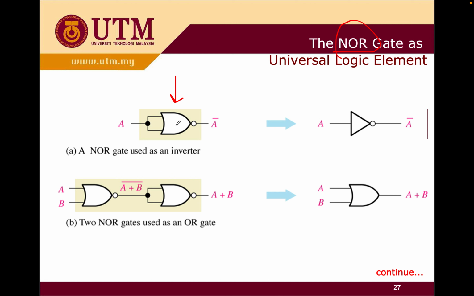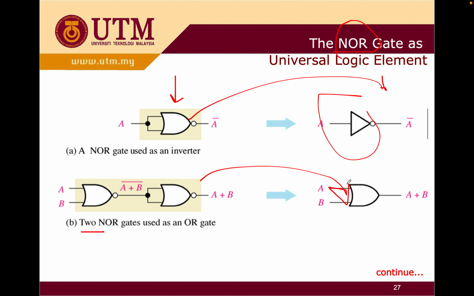Just now you had the NAND gate. Now the NOR gate: if you have one NOR gate, it is similar to the inverter or the NOT gate. When you have two NOR gates, you're going to have the OR gate.